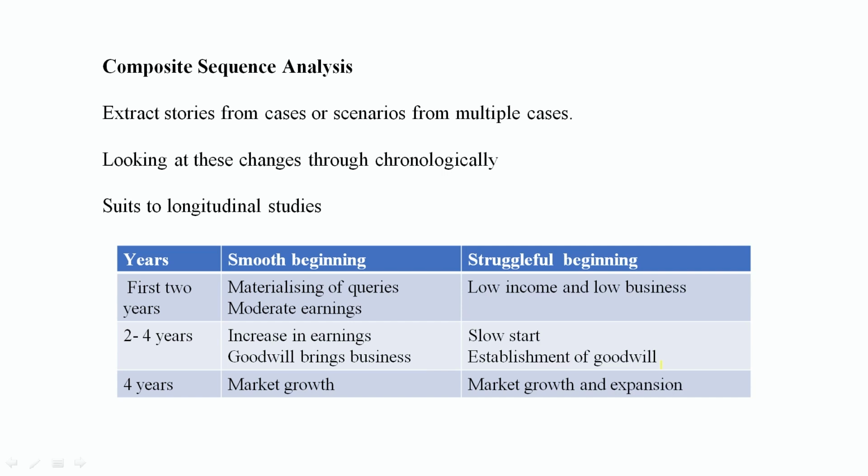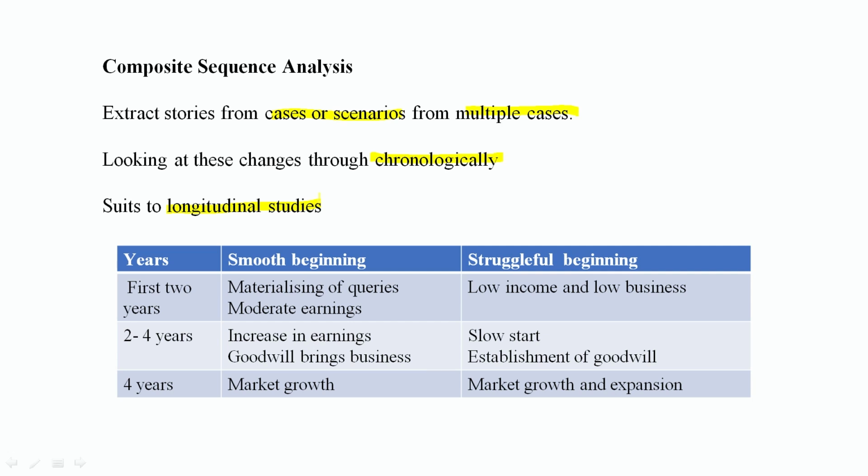Another example is composite sequence analysis. Here, multiple cases and multiple scenarios can be compared, and this comparison can be done chronologically over an observed period. This analysis suits longitudinal studies.